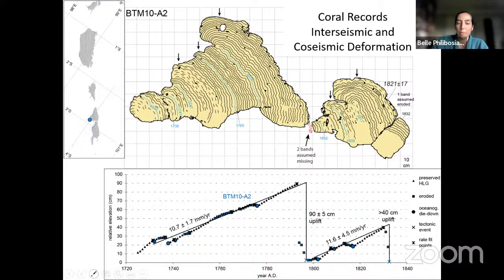So we can measure the height of the coral in each year, and we determine from that both the rate of subsidence, in this case about 1 centimeter per year, the amount of uplift that occurred in the earthquake, and in this case, we know the timing of the earthquakes from historical records, but we could also determine the timing during prehistoric times when we do not have historical records.